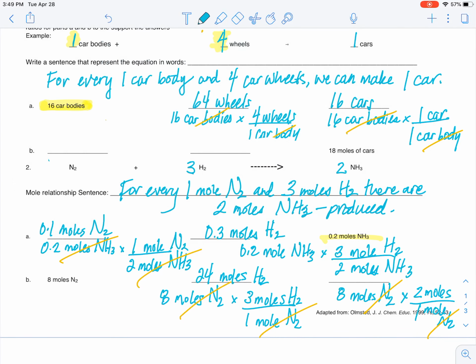And the answer here would be 16 moles of NH3. Again, it's kind of a little bit hairy in there. Sorry, it got real tight. So your final answer would be for every 8 moles of nitrogen and 24 moles of hydrogen, you would yield 16 moles of ammonia. Final answer.